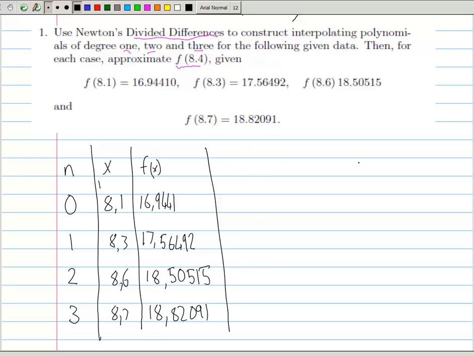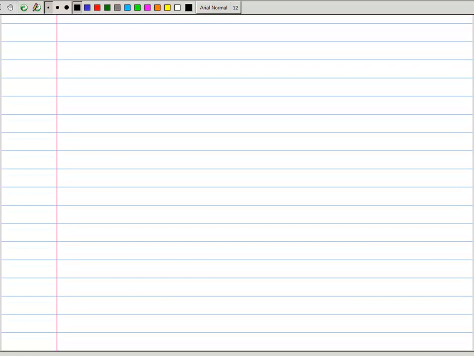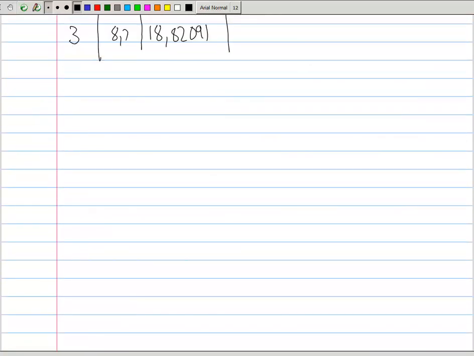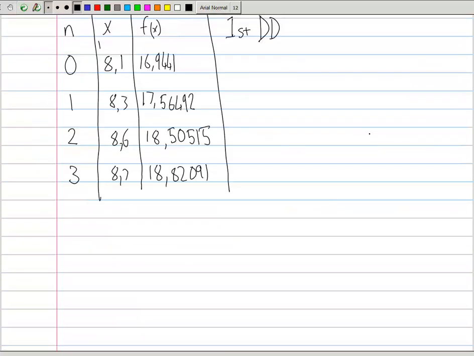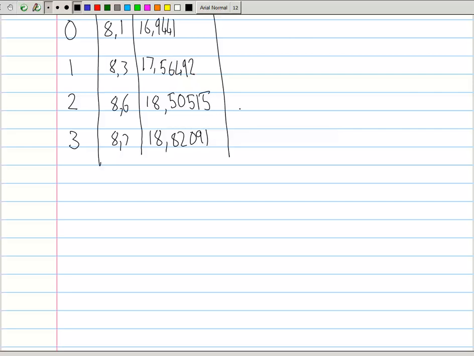So what I'm going to be doing here is working out the terms below and then adding them to the table above, because we're not going to be able to fit everything in just this table. So I'm going to label this next term first dd, and the dd is for divided difference. If we go down, such that we can still see it, we want our first divided difference.